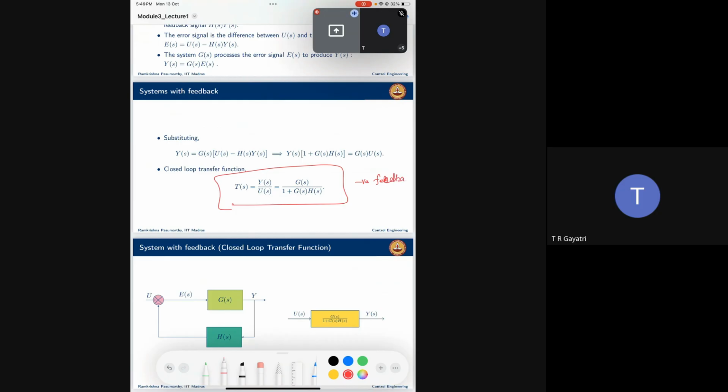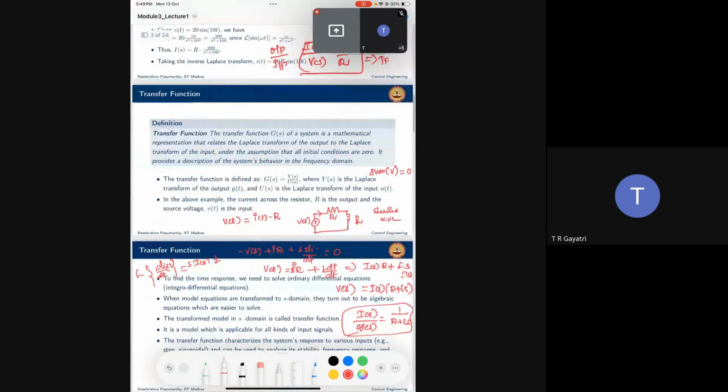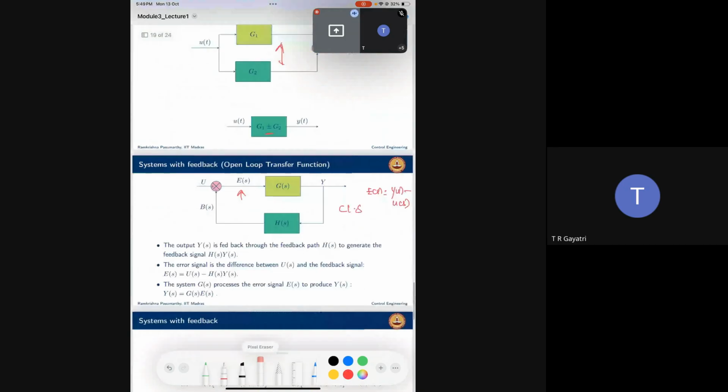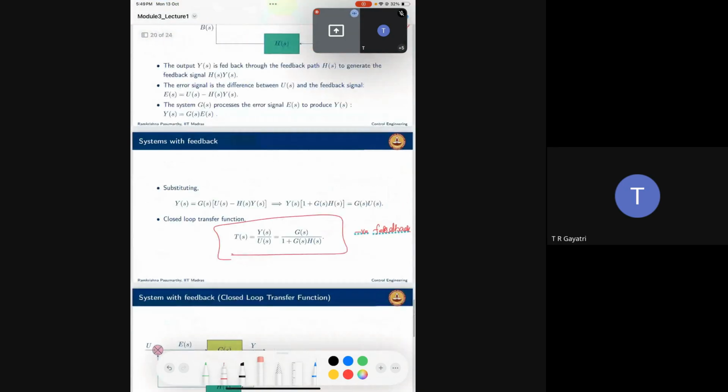As I already said, though it is negative, we use it very particularly in control systems, because in most real time systems we will get a negative feedback. If we get a positive feedback, it becomes an oscillatory system, so we are not interested in that. We mostly use negative feedback systems in our course.